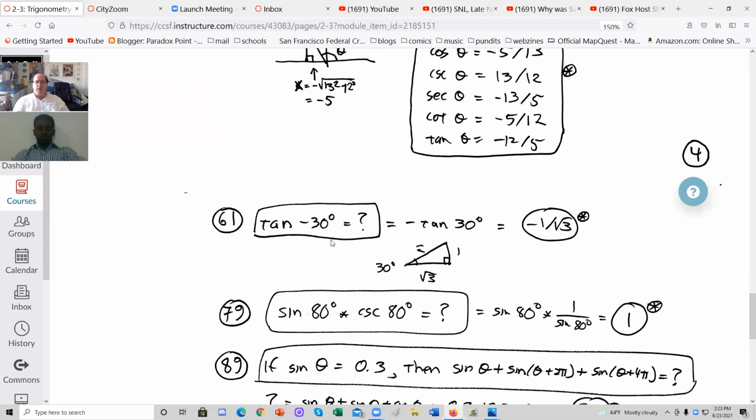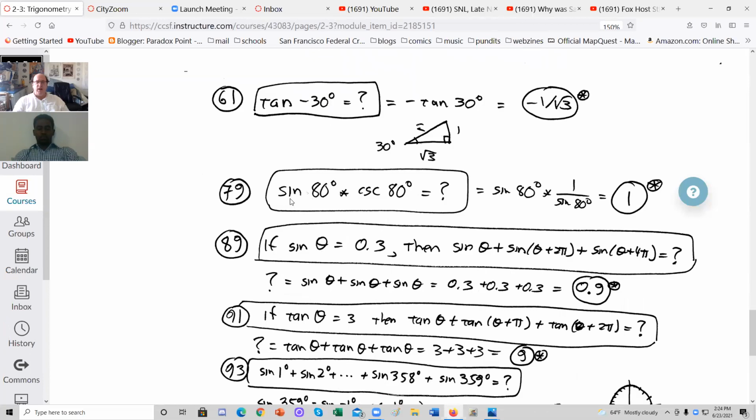They ask, what is the tangent of negative 30 degrees? Tangent, like cotangent and sine and cosecant, is an odd function. The negative sign comes outside. So this equals negative tan 30 degrees. Then we draw a 30, 60, 90 triangle with sides 1, 2, and root 3. This tangent is 1 over root 3. We have a negative, so negative 1 over root 3.